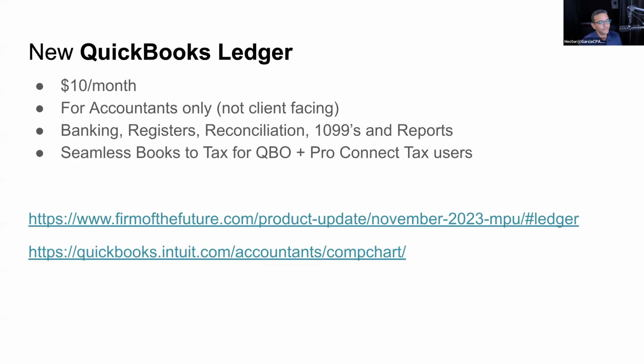The whole purpose of this is that Intuit wants you to convert more of your desktop clients that are there for just sort of once a year for tax return type of work, and move them to QBO. And of course, if you're a tax preparer, they want you to be using the QBO to ProConnect Tax system. Okay, so that's essentially the target market for this product.